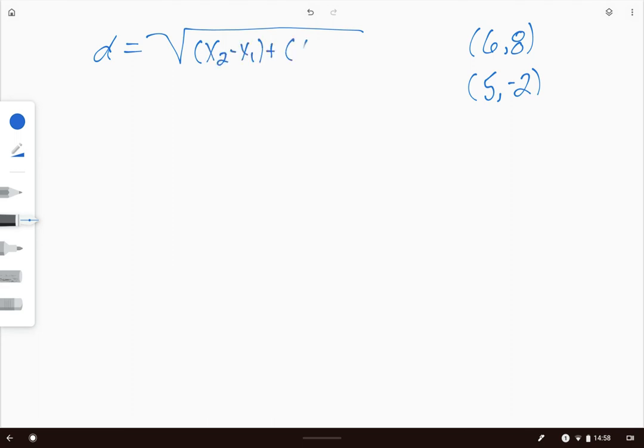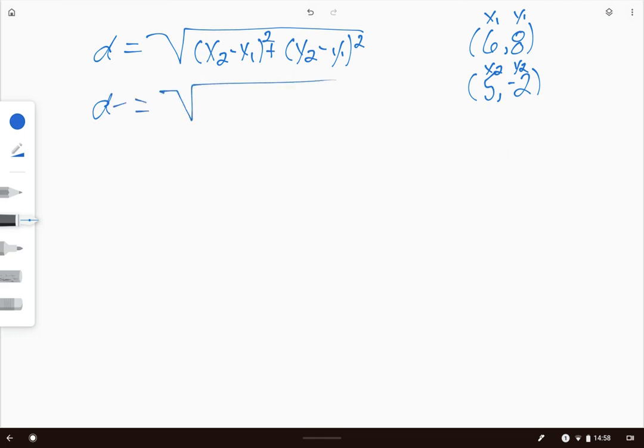So we're looking for the distance between (6, 8) and (5, -2).